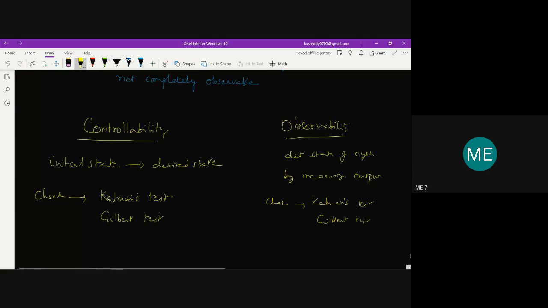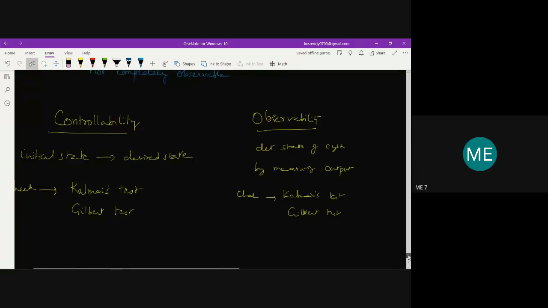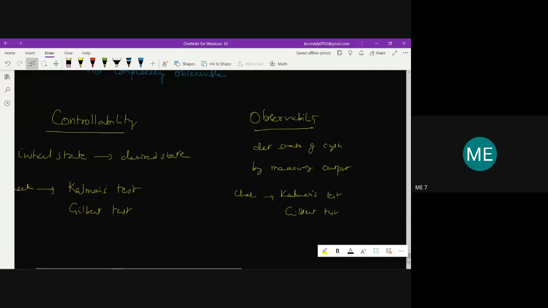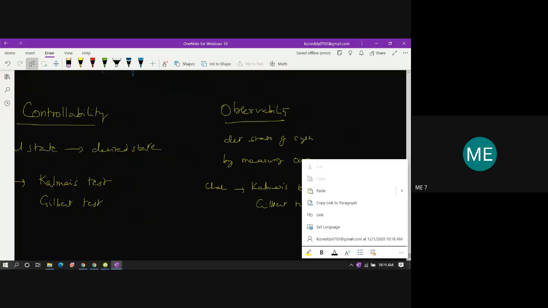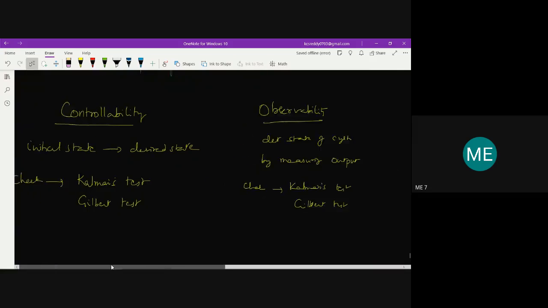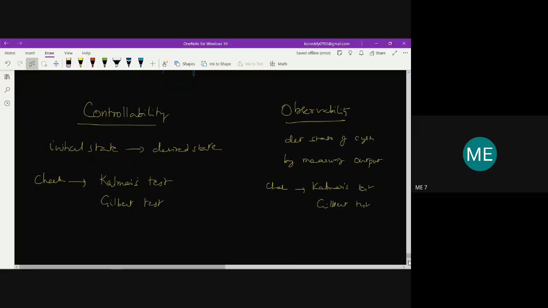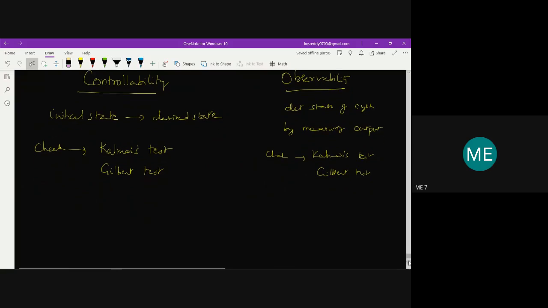So this Kalman test and Gilbert test for both controllability and observability, how are we going to conduct this? We write it in one step.